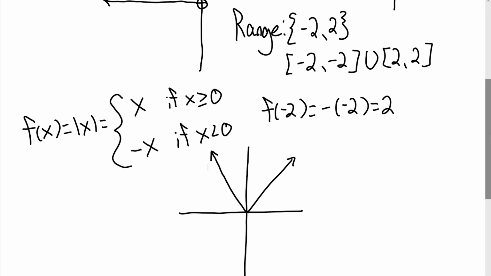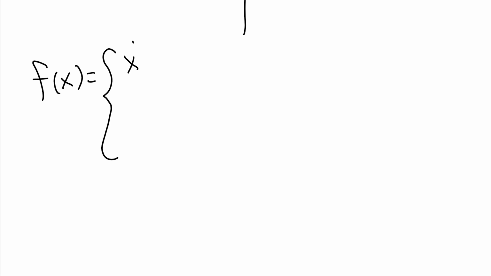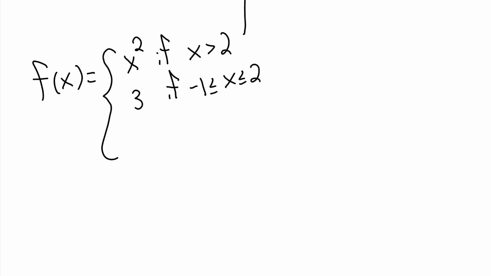Okay, so we just do another example here, maybe just make this up off the top of my head. Okay, maybe we have x squared if x is greater than 2, 3 if x is between, let's go negative 1 is less than or equal to x is less than or equal to 2. Okay.